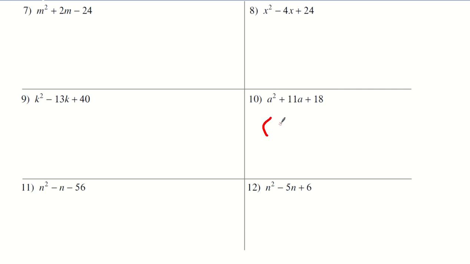So this would unfoil into, obviously the bubbles would start off with A and A, or X and X, or whatever. But the two numbers that multiply to make 18, but also add up to positive 11, are positive 2 and positive 9.